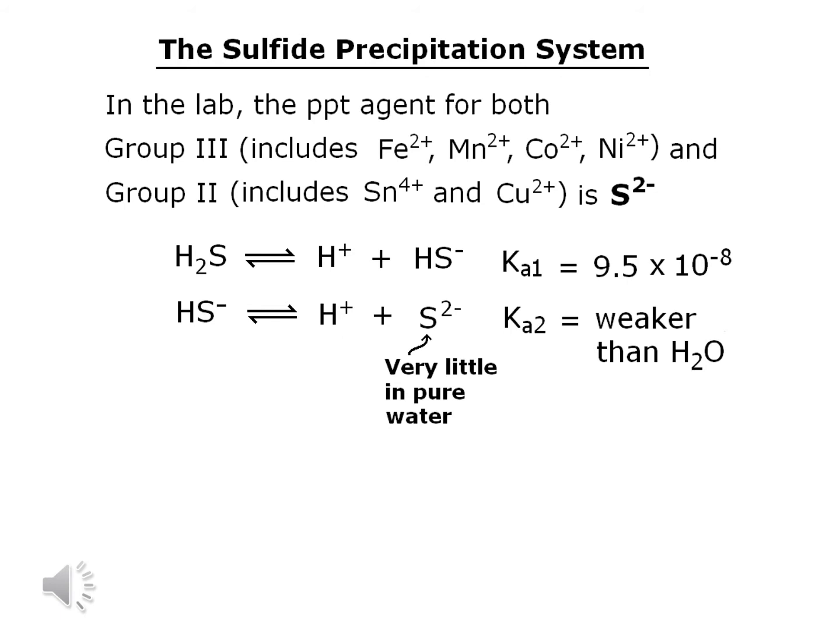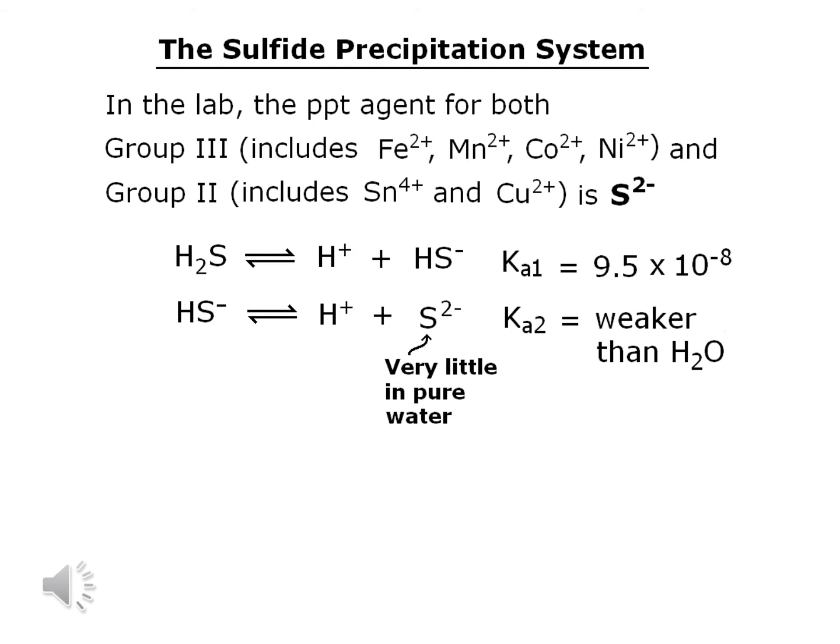People use H2S, the diprotic acid, to precipitate what's called the group 3 ions, which includes the top row of the transition elements. And they also use H2S to precipitate the tin and copper ions, along with a lot of other ones that also precipitate with S2 minus.